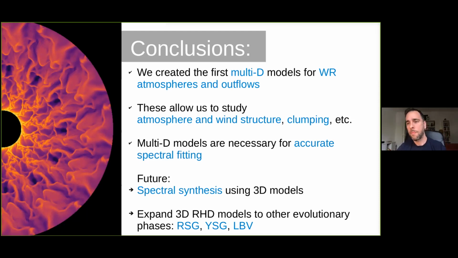So yeah, first of all, if we are talking about timescales, indeed, the 3D runs to compute the structure take a couple of days on the supercomputer, right? So that's not comparable to the very quick spectral synthesis that you do with 1D models.